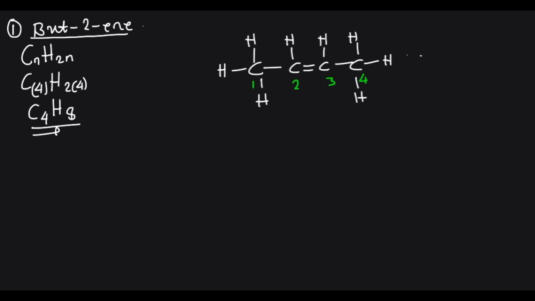So let's try one more where we have been given the location of the double bond. Let's say we have hex-1-ene. Let's first begin by writing the chemical formula. We use the general formula, CnH2n.